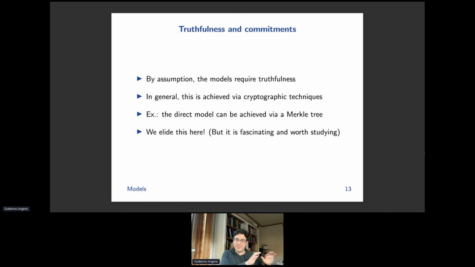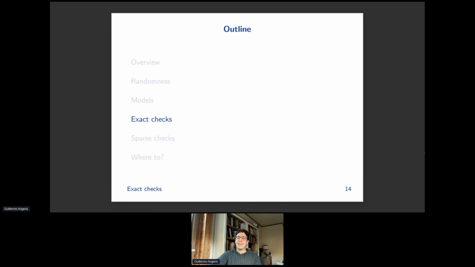But now that that has been black boxed, we can move it to the side and focus purely on the linear algebra part of ZK proofs. Okay. And of course, I will note that this is a super fascinating subject and worth studying. This is a bunch of cryptography that's super interesting. Okay. So let's now talk about the exact checks.